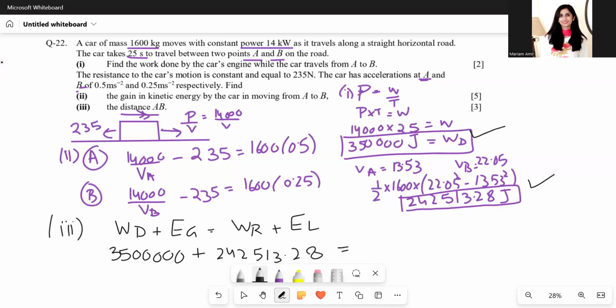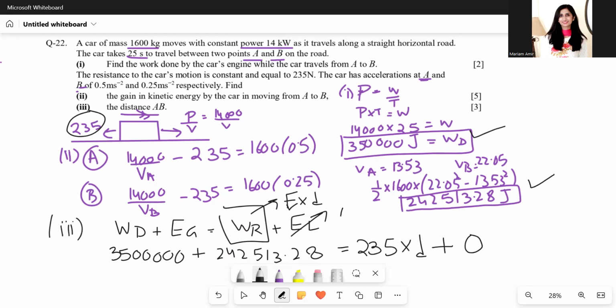We know the resisting force, 235, and we know the distance it covers, which is what we have to find, D. So work done by resisting force is force times D. Plus loss in energy: there's no loss in potential energy because it's a horizontal surface, so this is also zero.